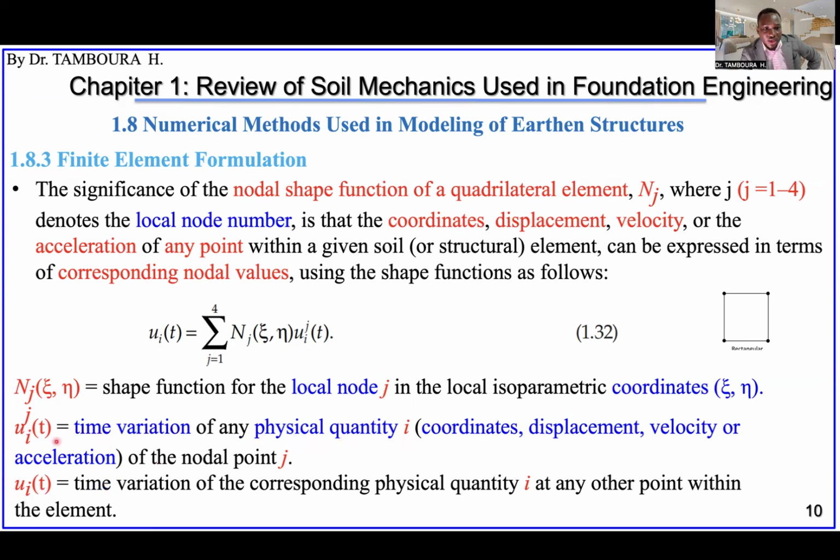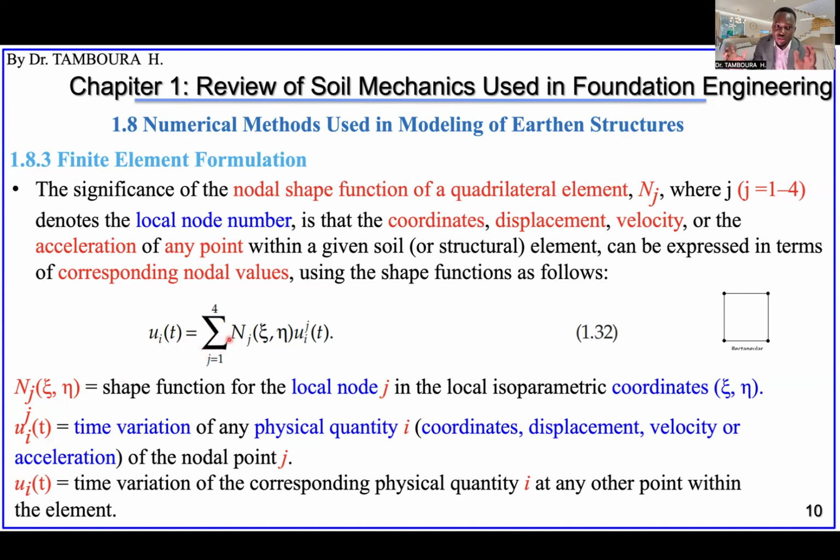And the final one, this means U_i(t). I told you I here is representing this physical quantity. In case of displacement, for example, if you want the time function of displacement, U_i(t), here you have to sum.